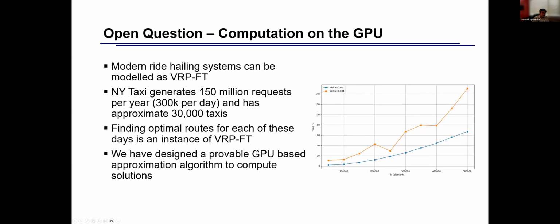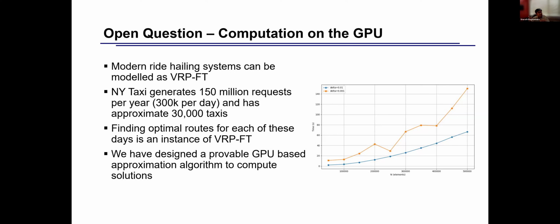And there are these nice GPU-based solutions we have designed that run in a highly parallel fashion and give you really high quality solutions in a very small amount of time. For instance, in this example, we could solve instances as big as 300,000 in about 70 seconds using a GPU, which is pretty impressive.